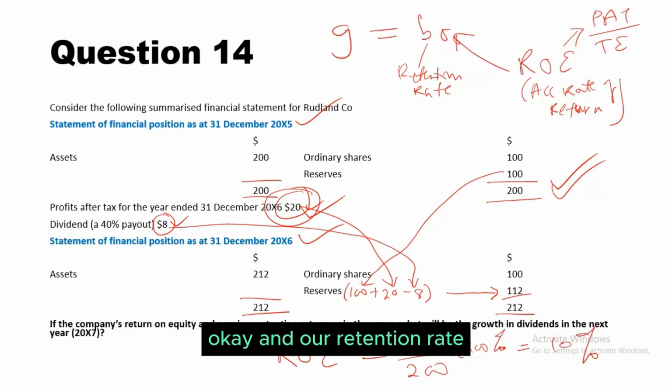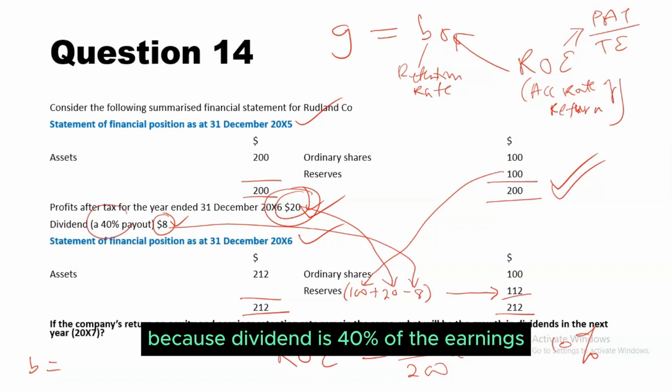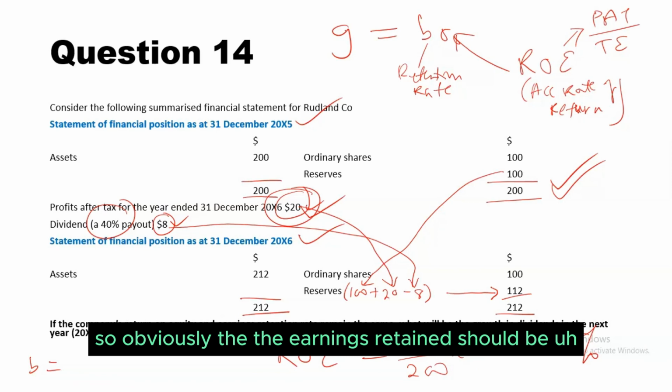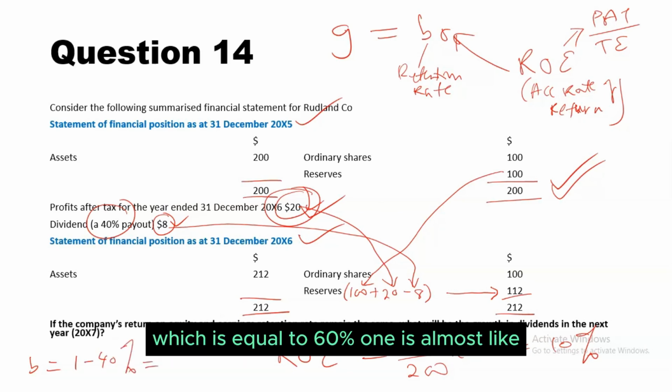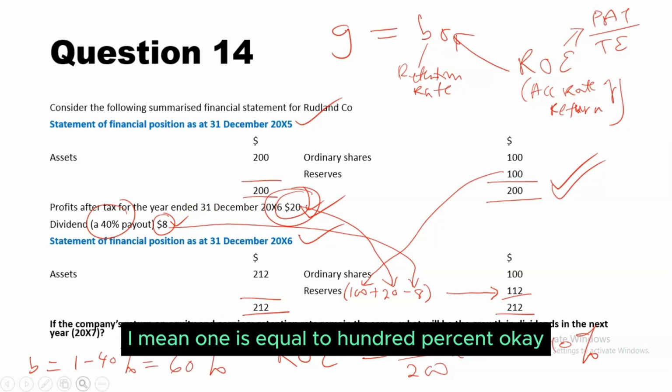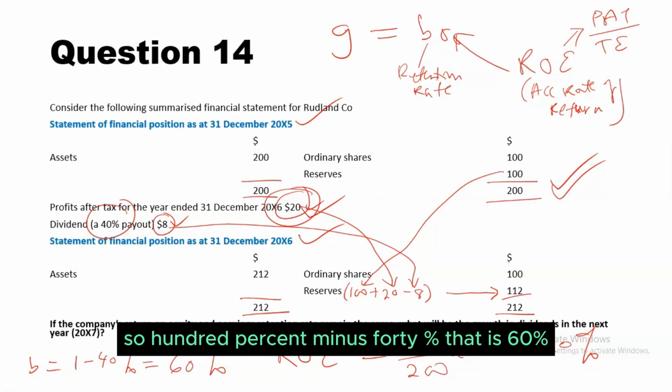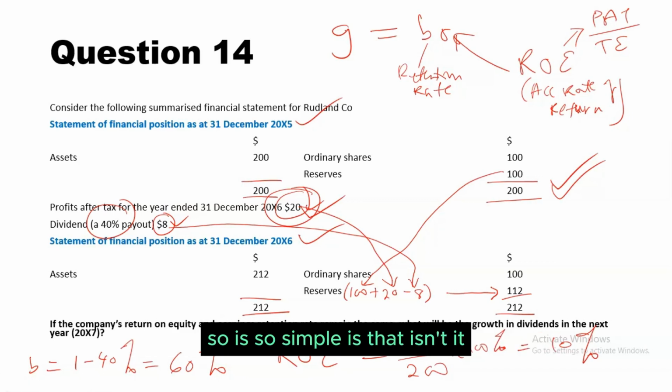Our retention rate, our B, is going to be, because dividend is 40% of the earnings, the earnings retained should be 1 minus 40%. 1 is equal to 100%, so 100% minus 40% is 60%. It's as simple as that, isn't it?